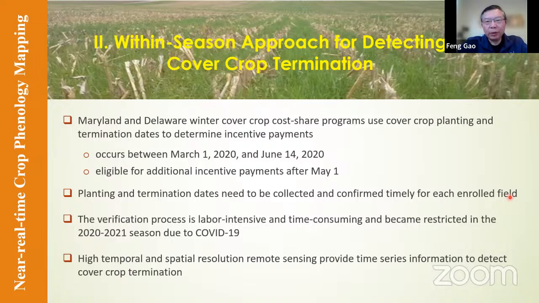It became very restrictive in COVID time. So the department asked us if remote sensing can provide any estimation. We tried to use high temporal remote sensing data to detect the cover crop termination dates and provide this information to the department so they can decide if it's terminated, and when, to make this payment.